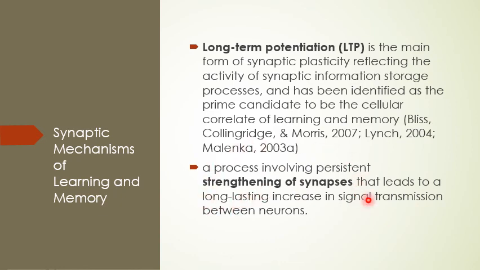That leads to a long-lasting increase in signal transmission between neurons. So basically, it's all about strengthening synapses. Once the connection is strengthened, the passing of electrical signals becomes easier and more efficient. Hence, you can recall the information better.